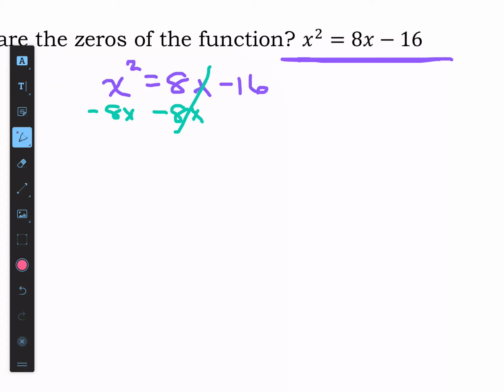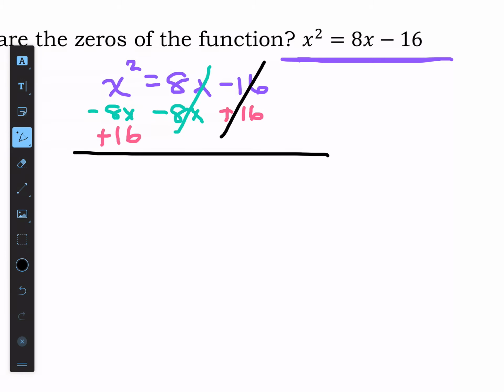So the opposite of negative 16 is positive 16. I'm going to add that over here. Okay, so let's see what happened now when we just did that. So on the right side, the 8x moved to the other side, so that went to 0. And the negative 16, that went to the other side, so that went to 0. So the right side of the equation now is equal to 0.